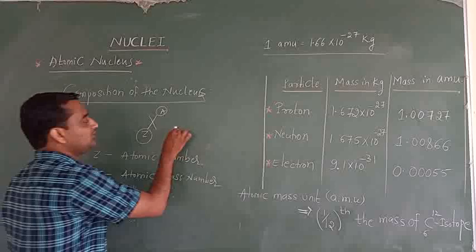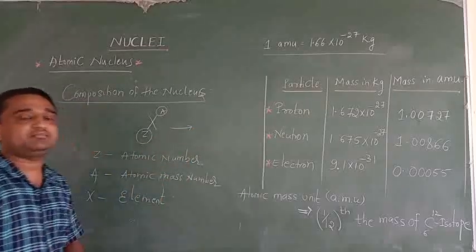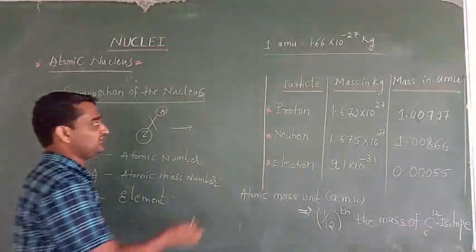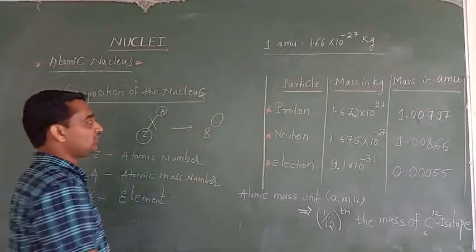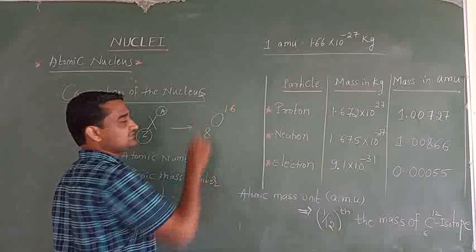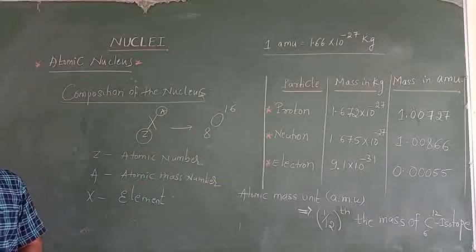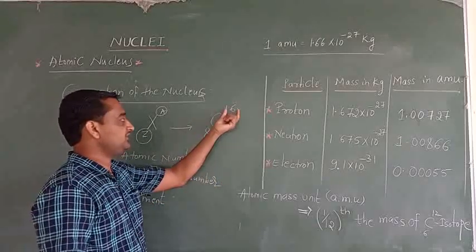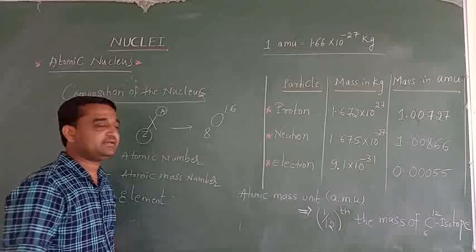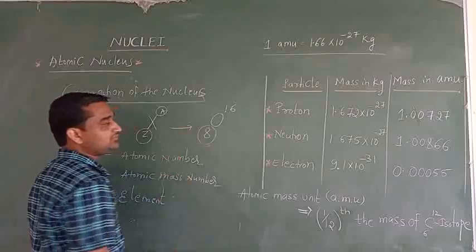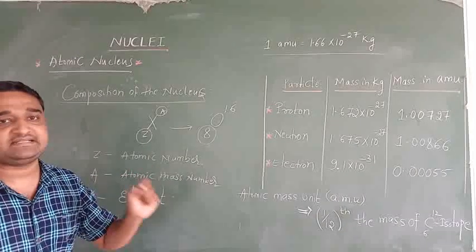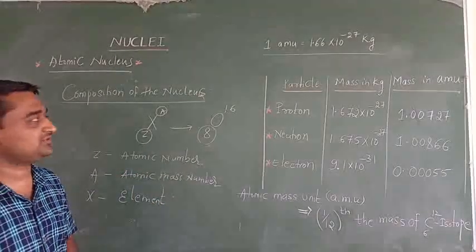For example, you know that the atomic number of an oxygen atom is 8, and its atomic mass number is 16. So what does it mean? The 8 represents the number of protons present inside the nucleus, which is the atomic number.